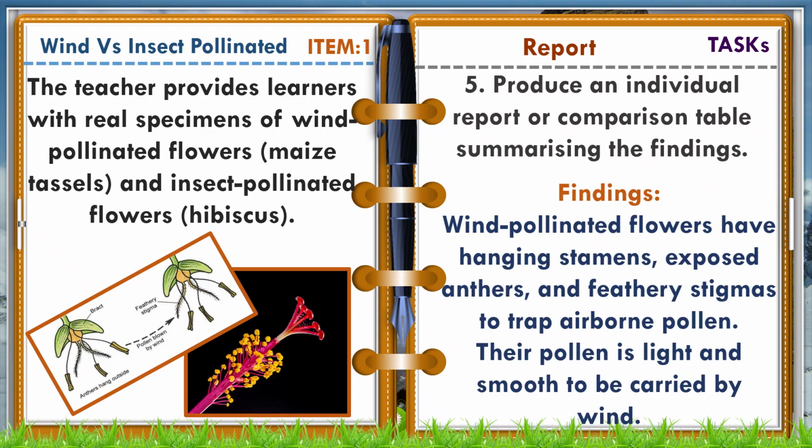What did we find out? Our findings. Wind-pollinated flowers have hanging stamens, exposed anthers, and feathery stigmas. Those are to trap airborne pollen. And their pollen is light and smooth to be easily carried by wind.